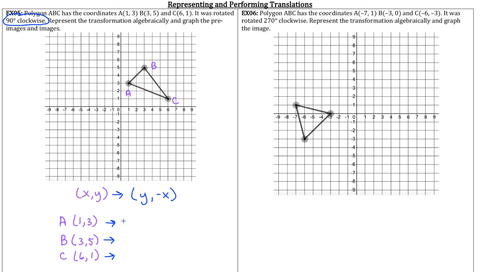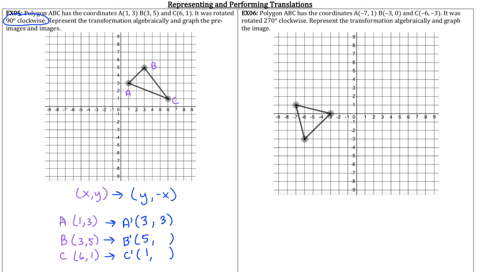Oh, I should probably write A prime, B prime, C prime. Okay, let's see. So A prime. The y's, let's go over here: 3, 5, and 1. You see how they were the y's? Now they come over here. So 3, 5, 1. And the x's come over here.